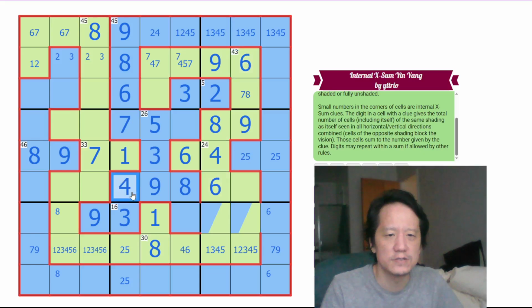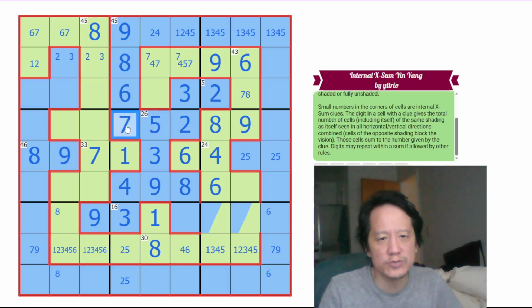This is 6, this is 6. 2, 5 pair. This has to be a 2. Yeah, that's the only digit remaining, so let's just double check. 7 and 3 add up to 10. 2 and 9 add up to 11, plus 5 is 16, plus 10 is 26, so that works. This is 2 and 3, that's fine. This is 4, so it blocks there. So this has to be blue.